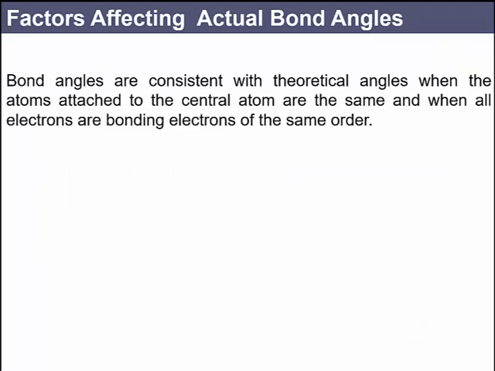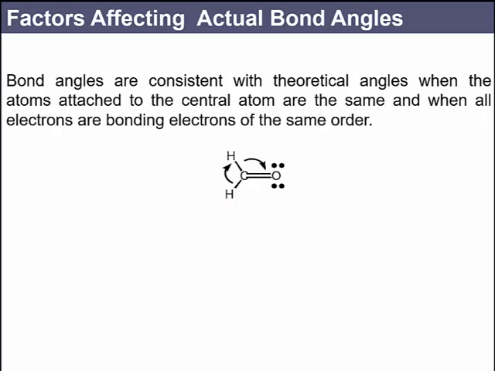I'm not going to ask you to predict a specific bond angle, but what I might ask you is: is this angle going to be what you predict, less than what you predict, or more than what you predict, that ideal angle? So here's an example where we've got carbon double bonded to oxygen, and it's got 2 hydrogens over here.